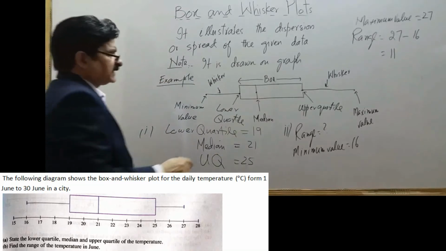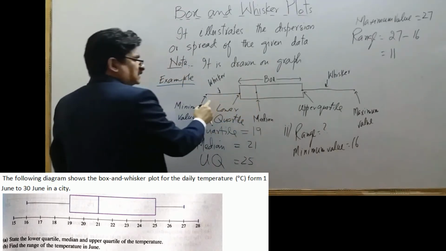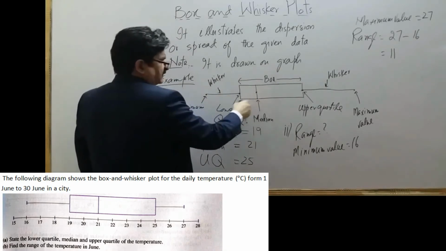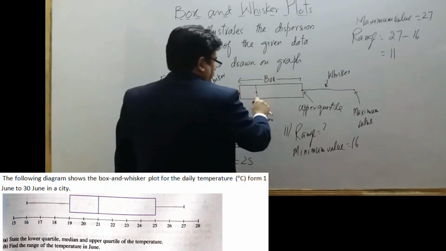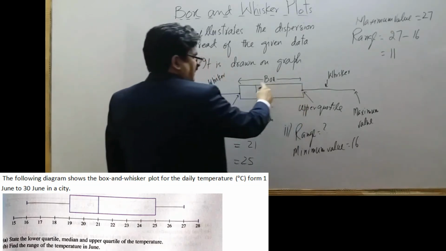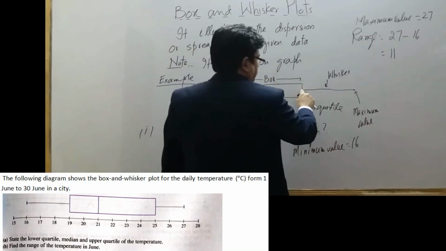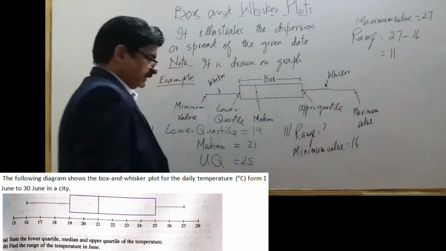So again see that this gives you the 25%, from 25% to 50%. Values are here, 0 to 25 here. From 50% to 75% values are located over here, and from 75% to 100% values are located over here.